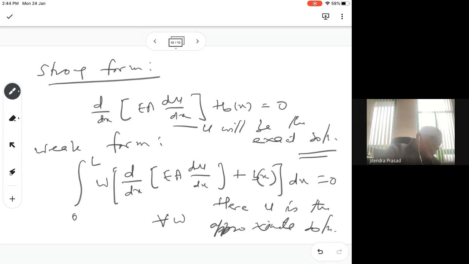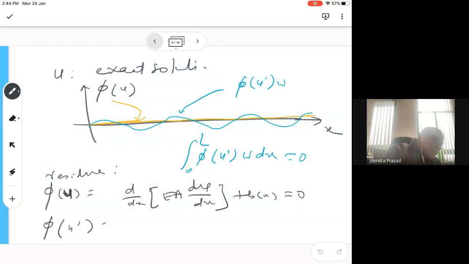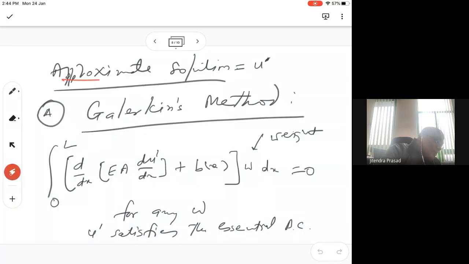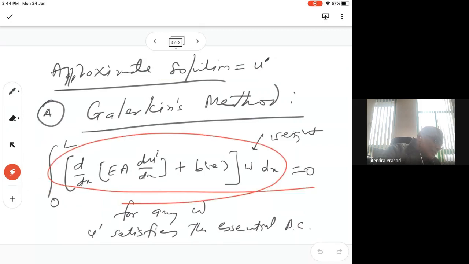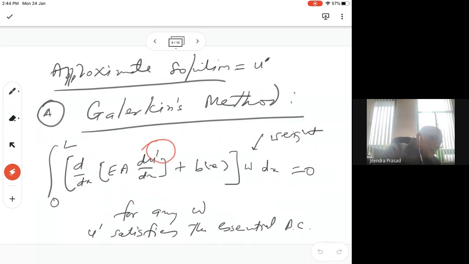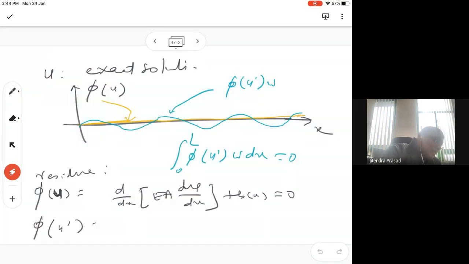This is the meaning: weak form gives an approximate solution. We started with the approximate solution u dash, and then we wrote like this one. Just to relate, u does satisfy the sensible boundary conditions. And just to compare, the approximate solution will be like this, and this exact solution will be like this.